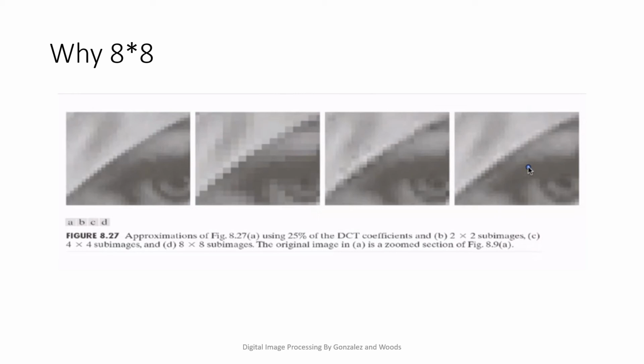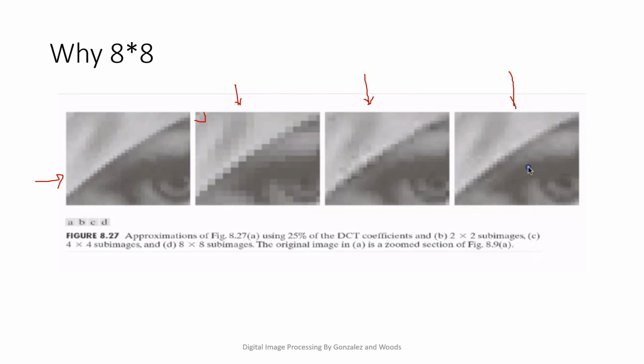Another thing is, why 8 by 8? On the left hand side you can see the image. When they took 2 by 2 sub images, they got this as output. See, the resolution is very bad and the reconstruction is very bad. Then they tried 4 by 4 and still the quality was not good.